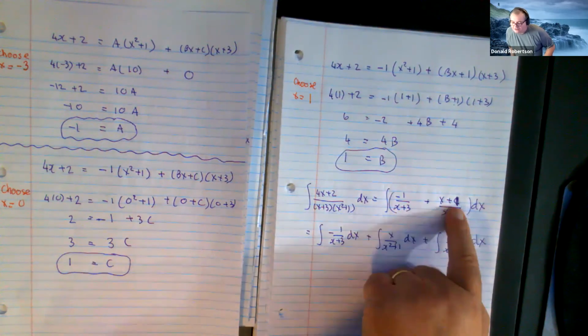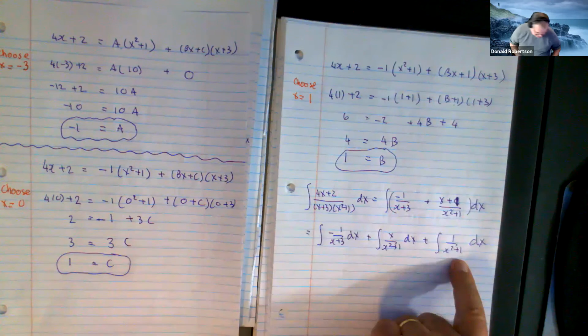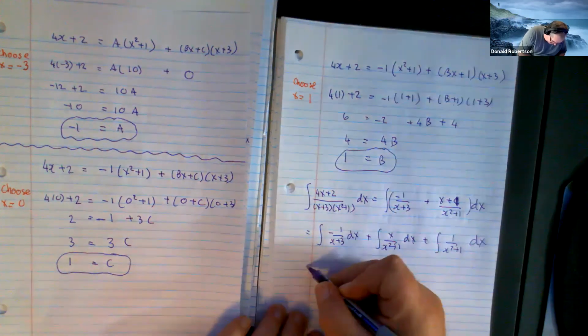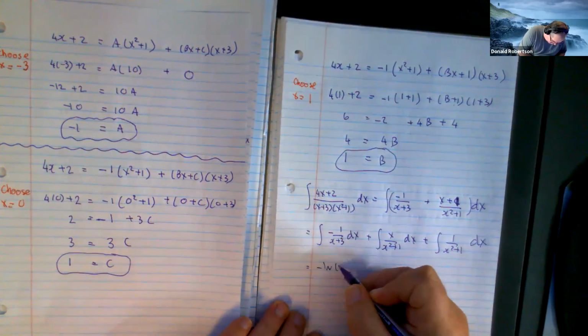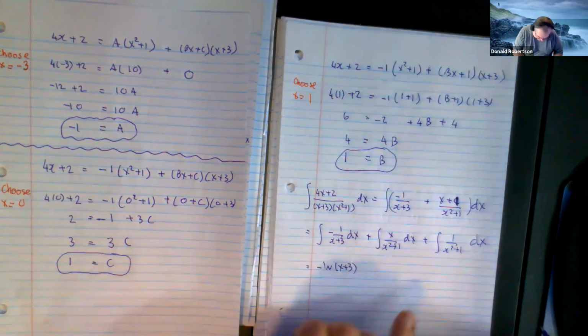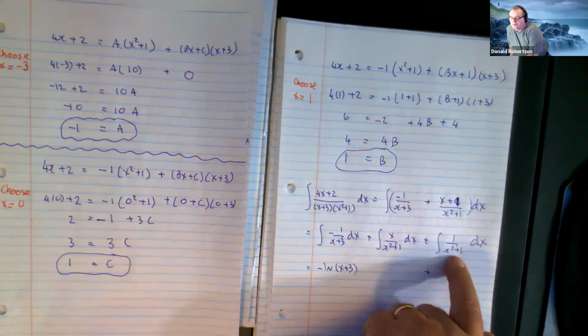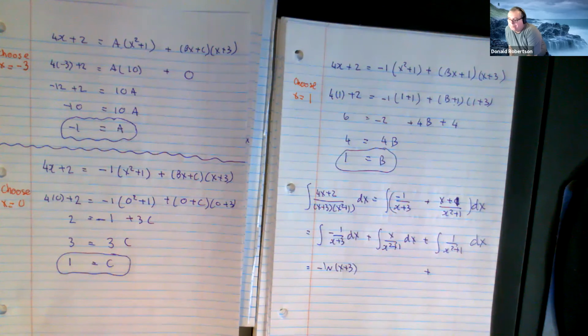So it's an x and it's a 1 on its own. Now this fella here is pretty easy. He's a natural log. What's the integral of 1 over x squared plus 1? Or 1 over 1 plus x squared, if I have to write it that way.